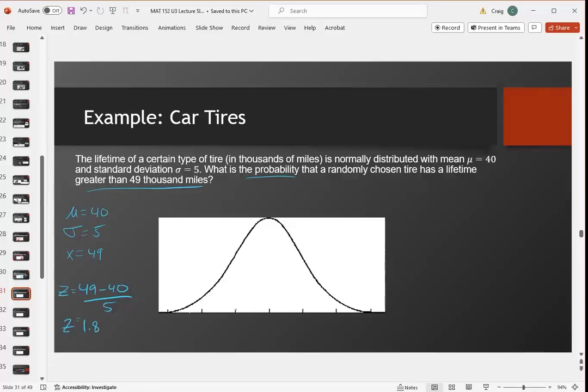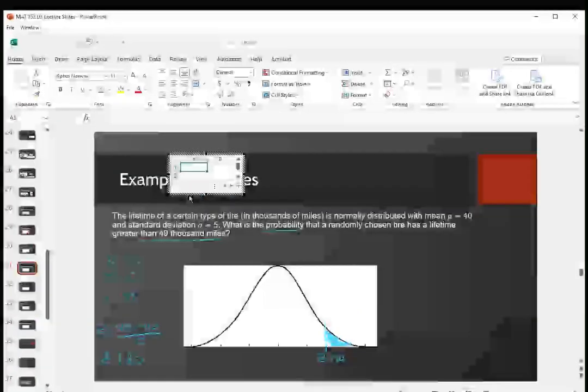And so we want to know what's the probability of a tire being chosen with more than 49,000 miles, or a z-score of greater than 1.80. So we want this area here, greater than z equals 1.80. Again, I'm just going to insert this Excel table because this seems to be working okay.